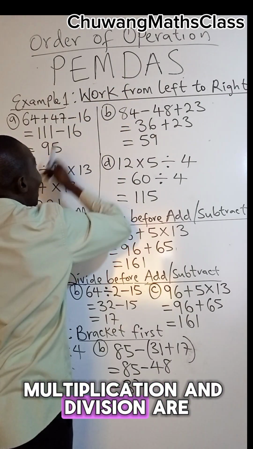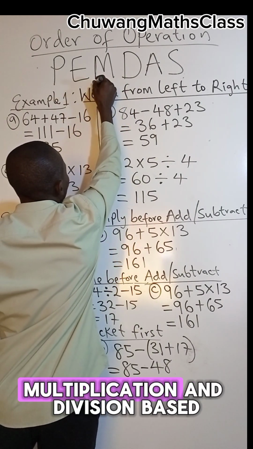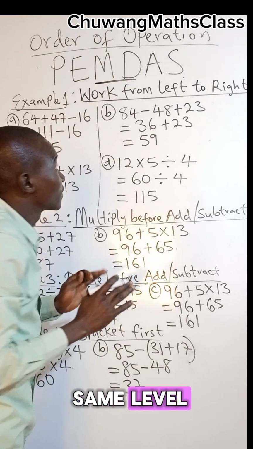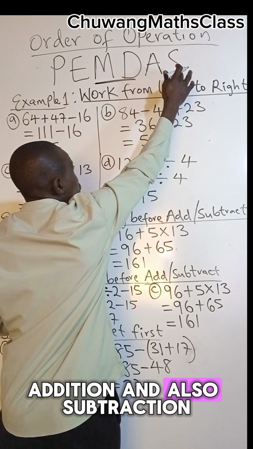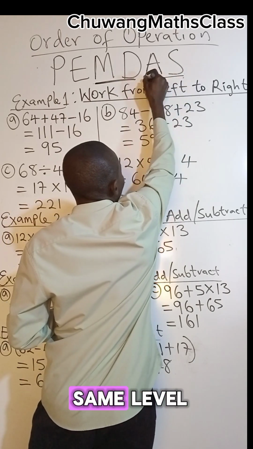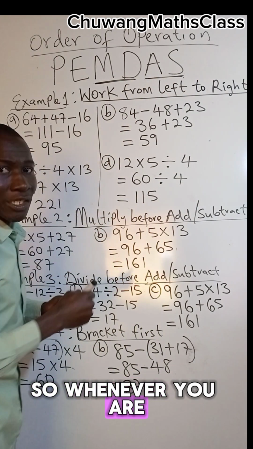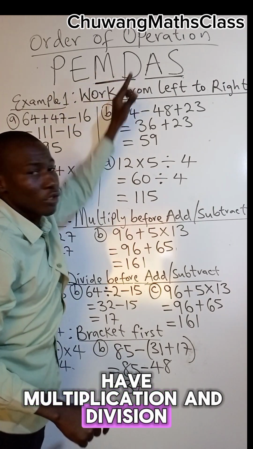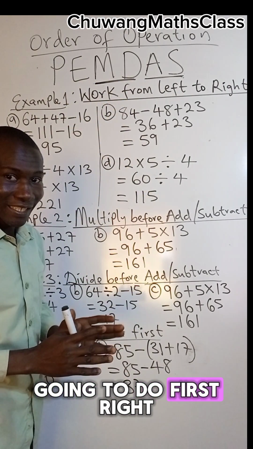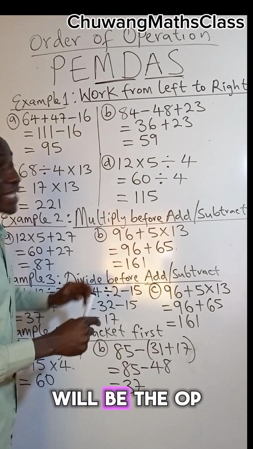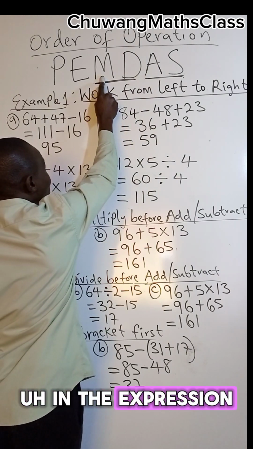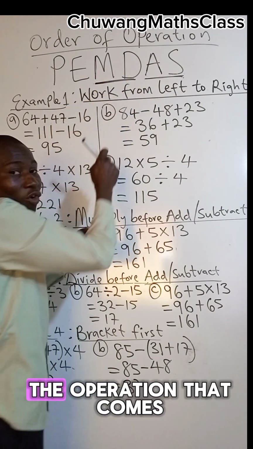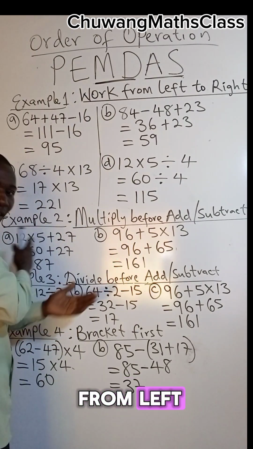Now, multiplication and division are on the same level. Addition and subtraction are also on the same level. So whenever you are solving and in the expression you have multiplication and division, the one you are going to do first is the operation that comes from the left.